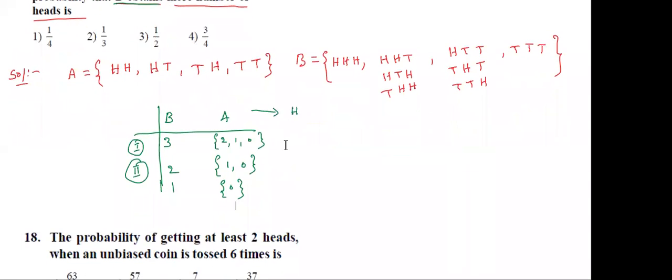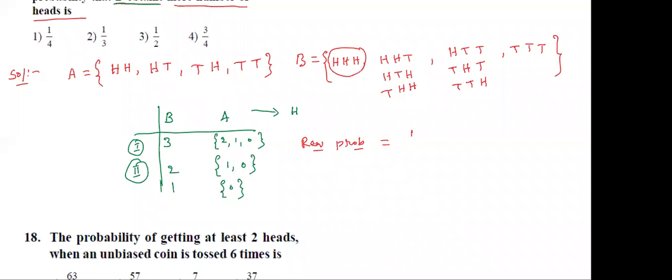Okay. Now go to the required probability. Probability is equal to, in the first case, B having 3 heads. See that in B there are 8 sample points. 3 heads is possible only one time.